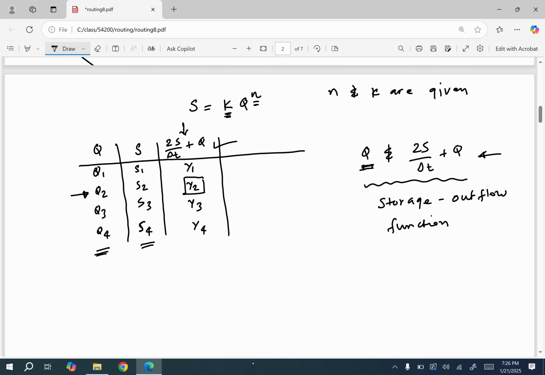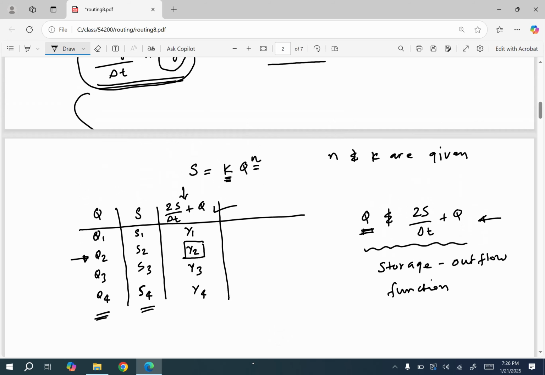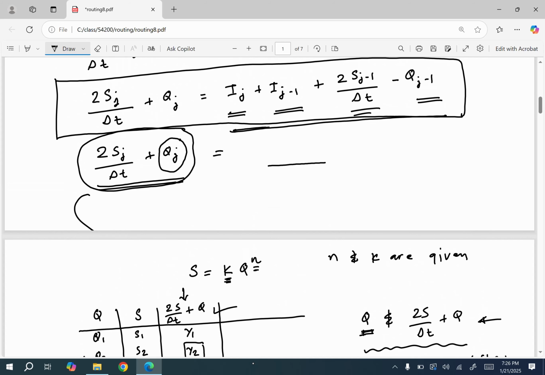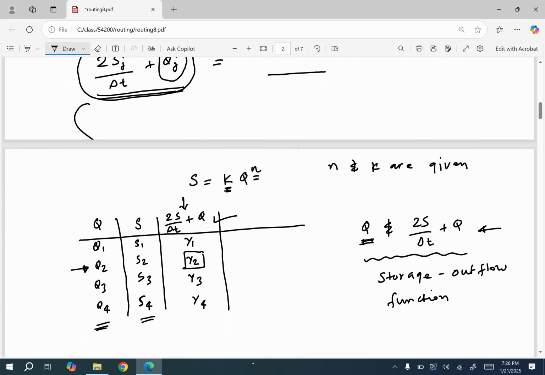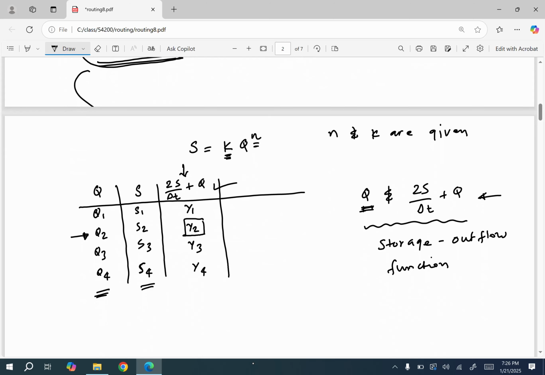Now in this example, I said that after I solve this side, I got a value of y2, but in some cases, or in most cases, it's not going to be the exact value you have here. It may be somewhere between y1 and y2, and then what you do is you interpolate and find the value corresponding to that, which will be between q1 and q2.